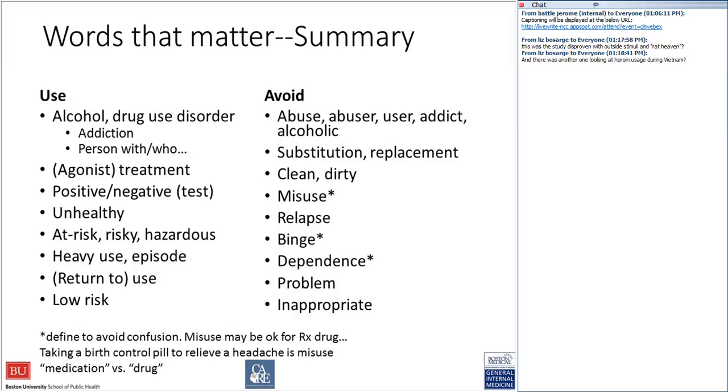But on the left-hand side, I've listed the terms that I've suggested during this talk that we use, like use disorder and addiction and person with, that is person-first terminology, treatment, positive and negative tests rather than clean and dirty, unhealthy use as the spectrum, risky use as use that increases health consequences as opposed to abuse of a drug or alcohol, and really trying to especially avoid abuse, abuser, addict, clean, dirty, and the like.